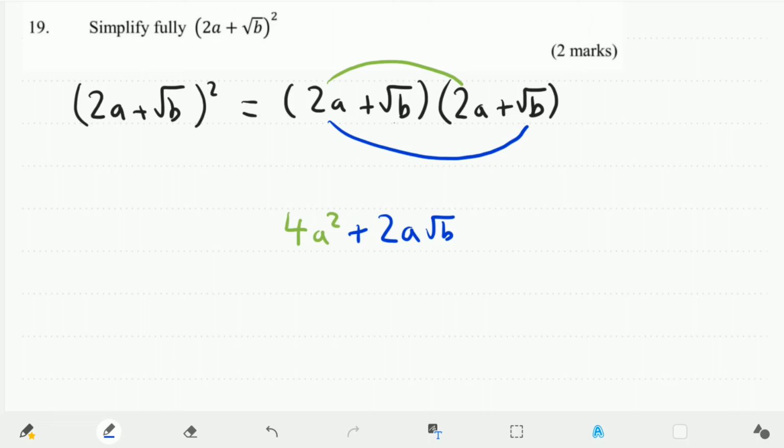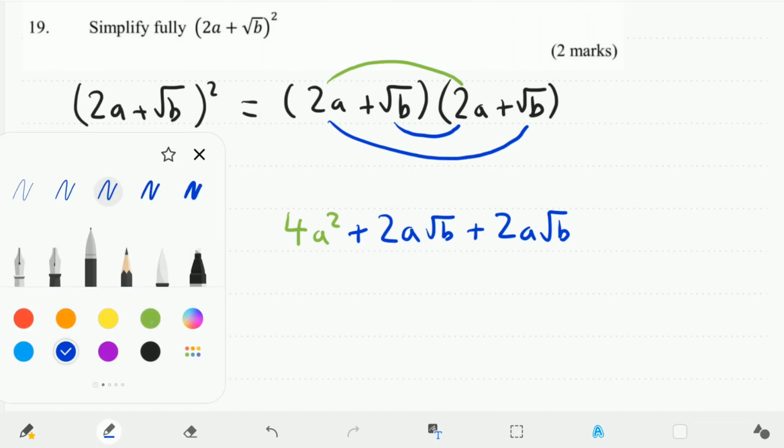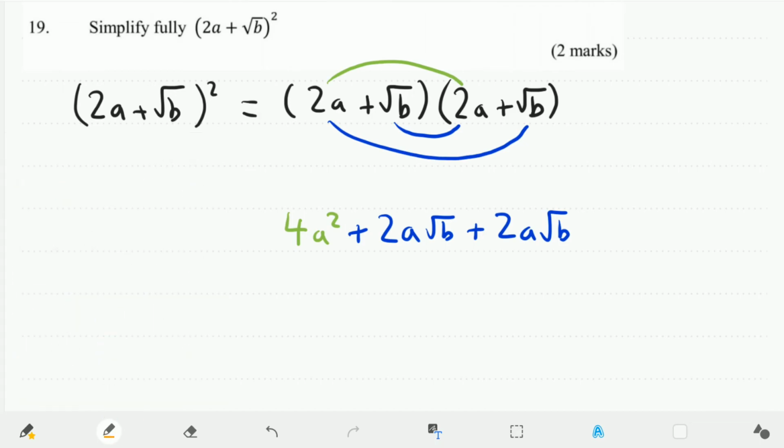Next, we have our root b multiplied by our 2a, which again would give us 2a root b. We write it like this because normally we want them to be in alphabetical order. Also, we want the numbers to appear before. So instead of writing root b 2a, I wrote 2a root b. And finally, we have our root b multiplied by our root b, and that would give us b.